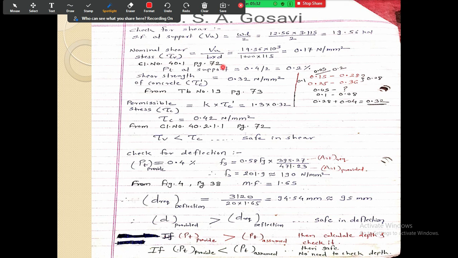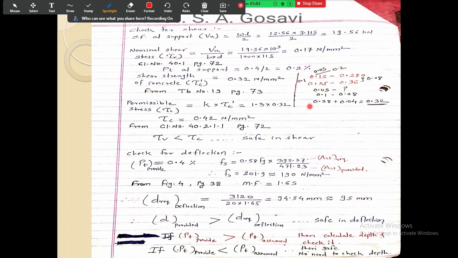From this clause, we have calculated the permissible shear stress. Okay. So here the shear strength of the concrete, tau C dash. What is the shear strength? It is 0.32 Newton per mm square. Where does this 0.32 Newton per mm square come from? It comes from the percentage of steel, and by using the table given in the IS code on page number 72, there is a table for different grades of concrete.